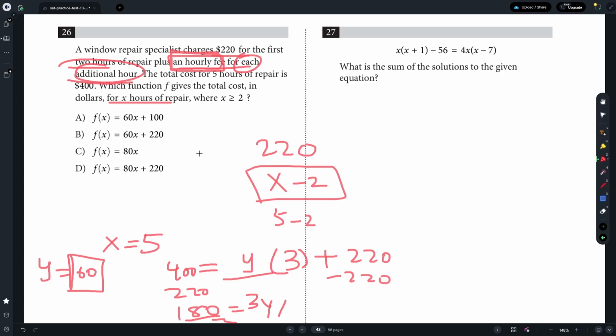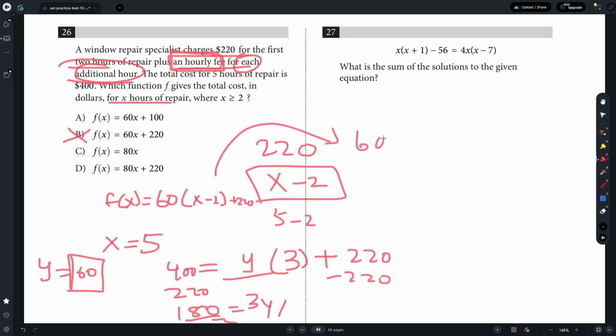Let's actually go here now, and we know that f of x, this is actually the equation, is equal to 60, which is the fee, times x minus 2. Reason being, the first 2 hours is $220, right? So we're not actually paying additional fee for the first 2 hours. And then you want to add 220 to the end.